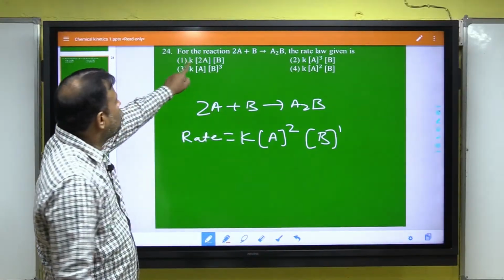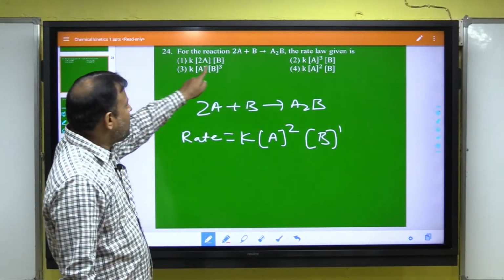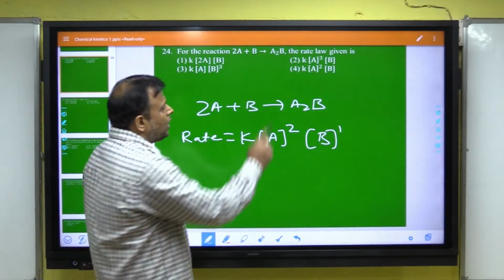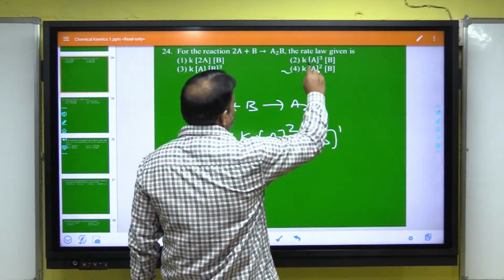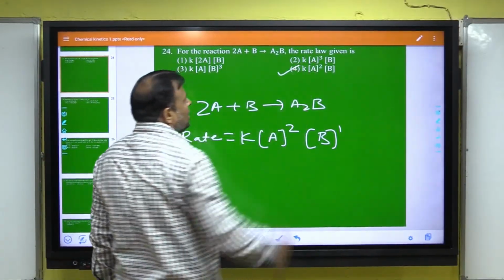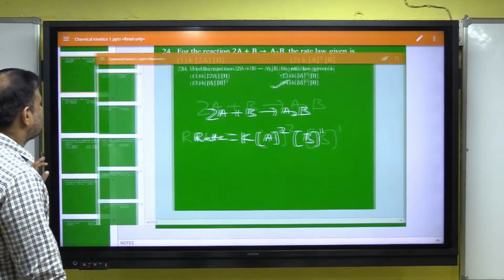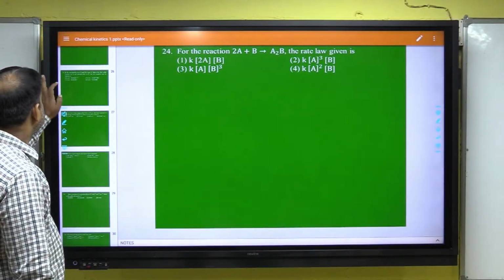Look at all options: A to the power 3, no; A to the power 1, no; K A to the power 2, B to the power 1, yes. Hence option number 4 is correct. Clear? Next, 25.